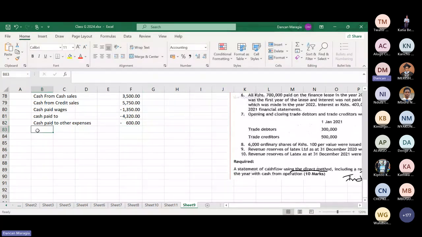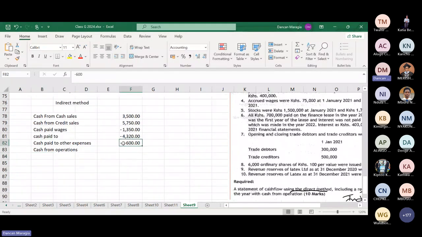So what we get here is not net cash, but cash from operations, which is 2,980.